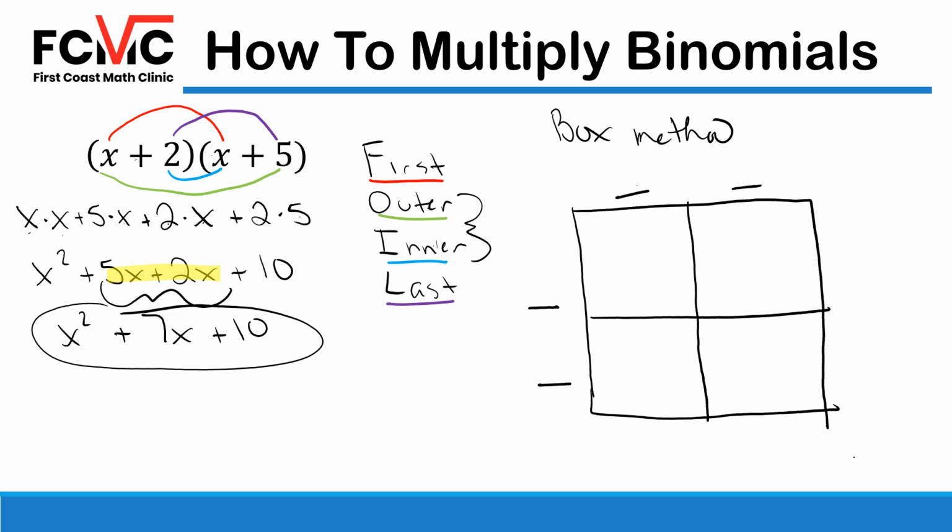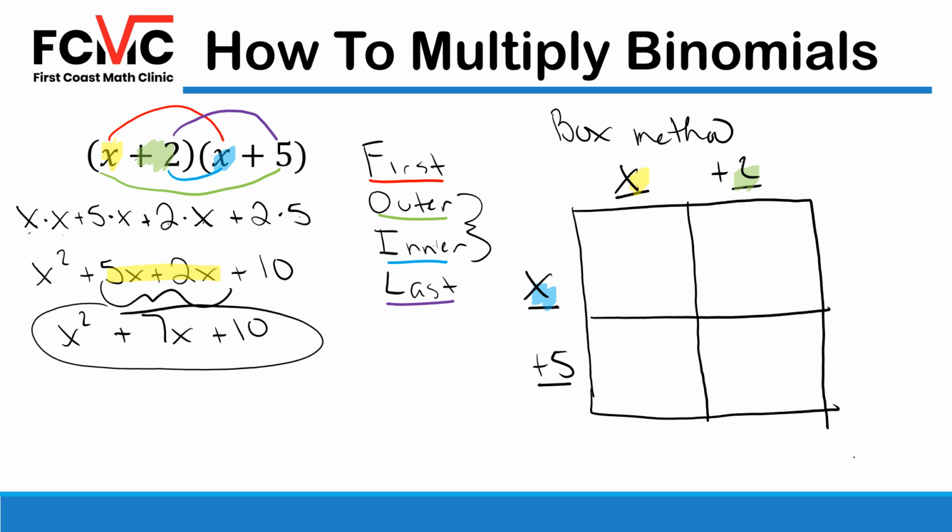Okay, so this first space is going to be for this initial x from the x plus 2. So then this second space here has to be for this plus 2, this positive 2. So then this space has to be for this x, and this last space has to be for the positive 5.